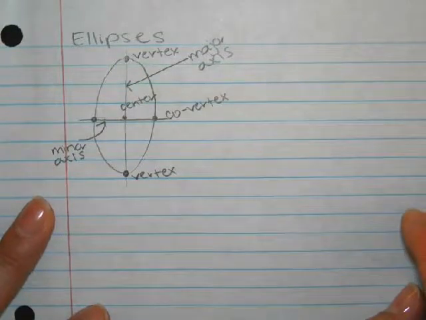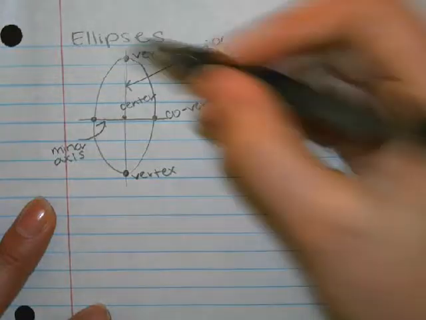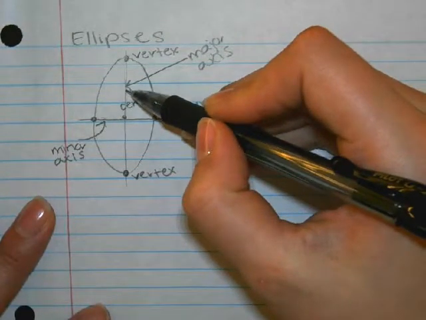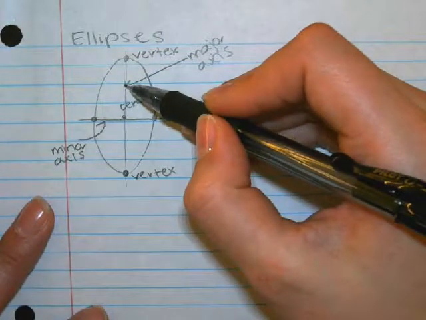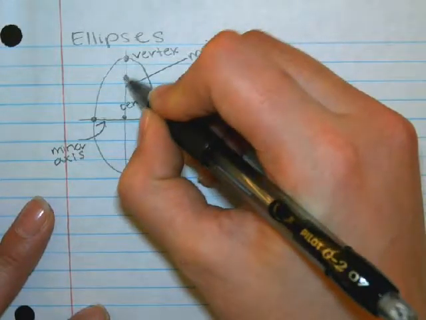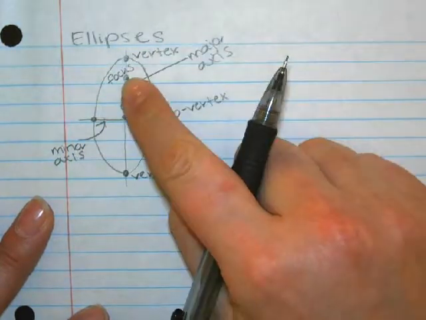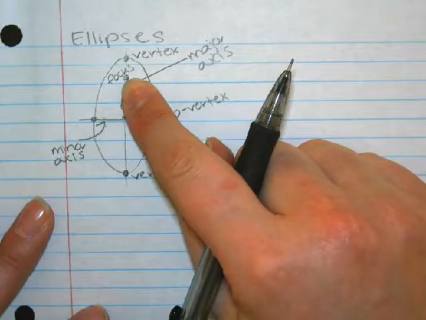And then there's one more set of points. They are on the major axis, and they are not halfway between the center and the vertex. A lot of people think they're halfway. They are not. They are closer to the vertex than they are to the center. If you're talking about one of them, it's called a focus.